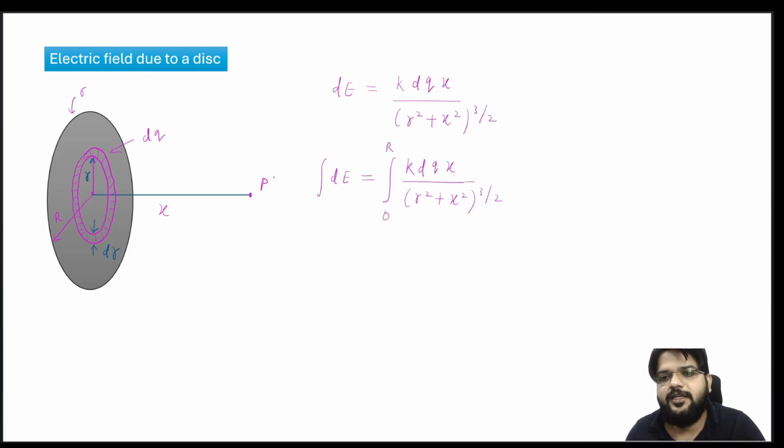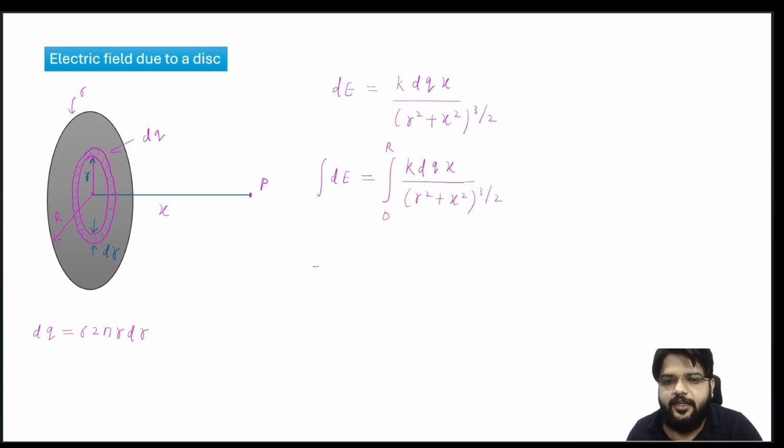Okay, now the next thing is we need to put the dq value. So the charge present on the ring can be written as what? dq equal to charge density into area of the ring. So charge density into area of the ring, and it is 2 pi r dr, everyone. So 2 pi r is the circumference. If I multiply with the thickness of the ring, then I will get the area, and if I multiply with the surface charge density, then we will get the charge present on the ring. So it is sigma 2 pi r dr. This value we will put here.